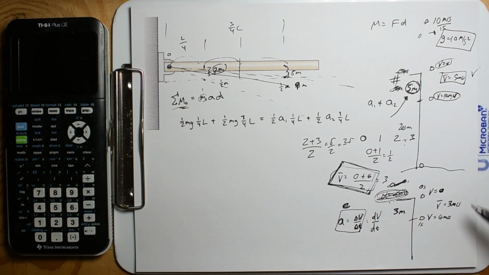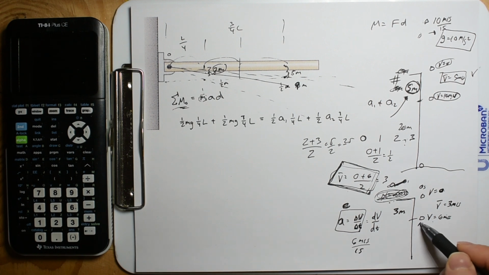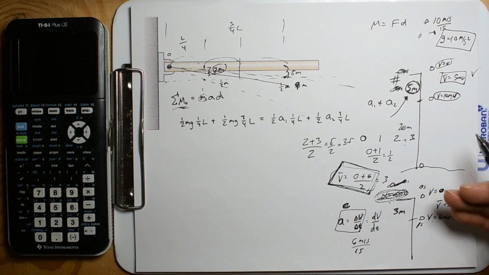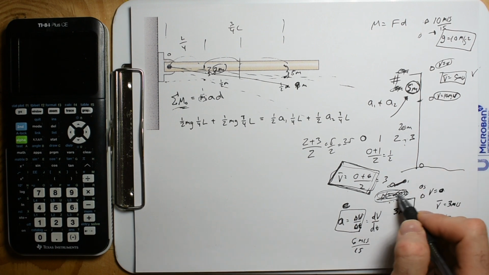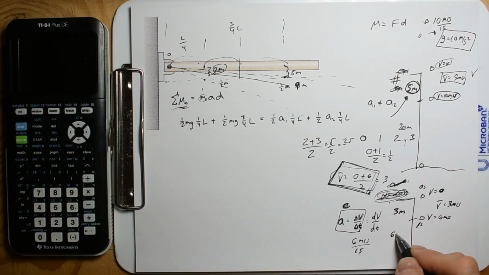So the definition of acceleration is change in velocity over change in time. We went from 0 to 6 meters per second. So we had a change in velocity of 6 meters per second, and we did that in 1 second. That's the cool thing about falling problems: you can do things in 1 second intervals and make the problem make sense. But like I said, let's say you had a change of 6 meters per second, but you did that in a 1,000th of a second.